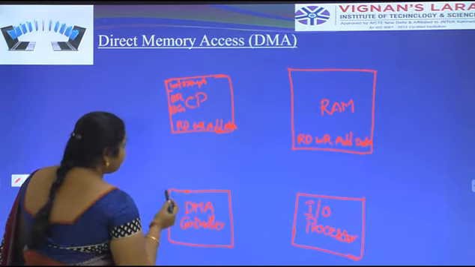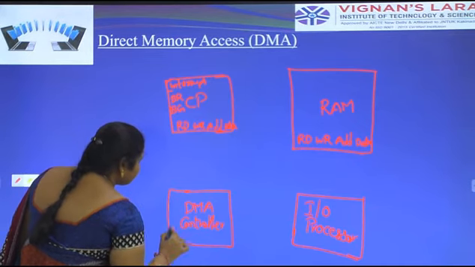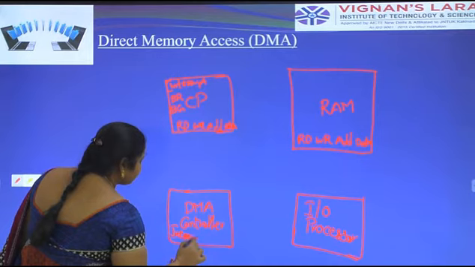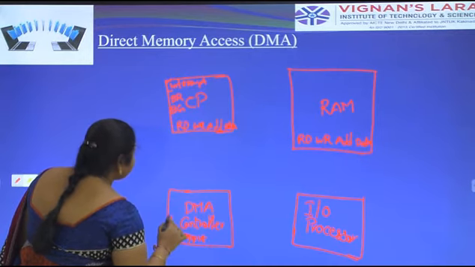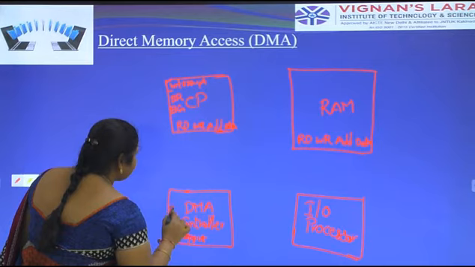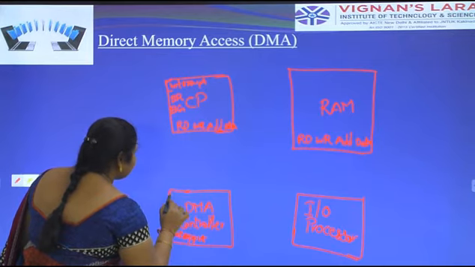Here also like that. This is interrupt, bus grant, bus request. Here we have DS and RS.